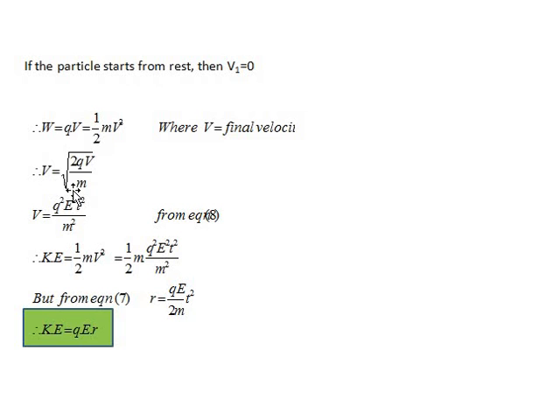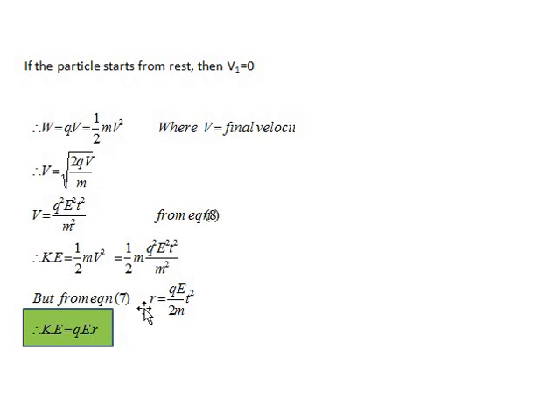Therefore v is equal to square root of 2qV divided by m, or v square is equal to q square E square t square divided by m square, from equation 8. Kinetic energy is equal to half m v square. Substituting this value, half m q square E square t square divided by m square, one m gets cancelled.